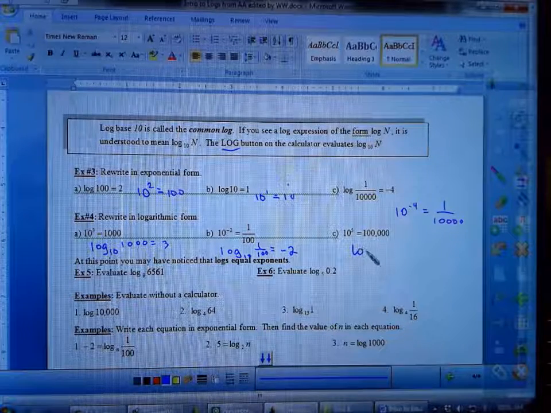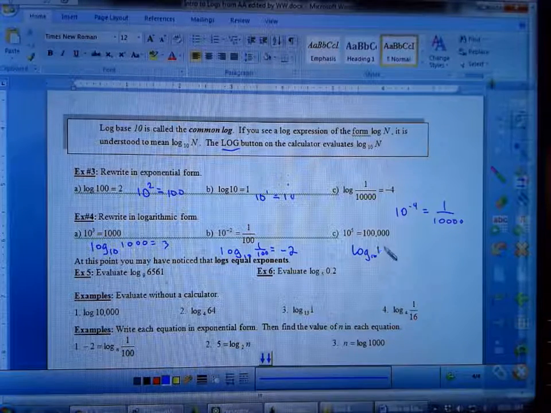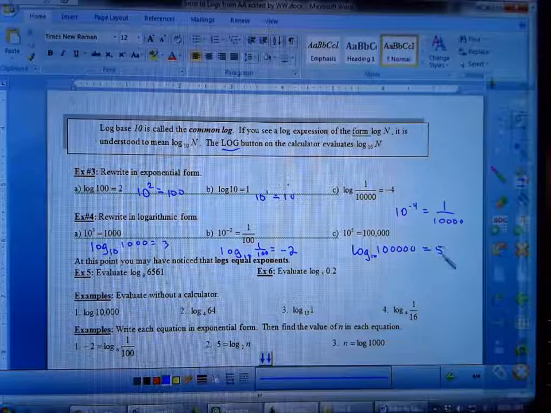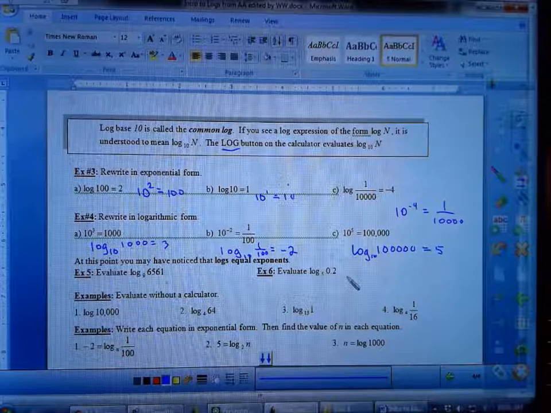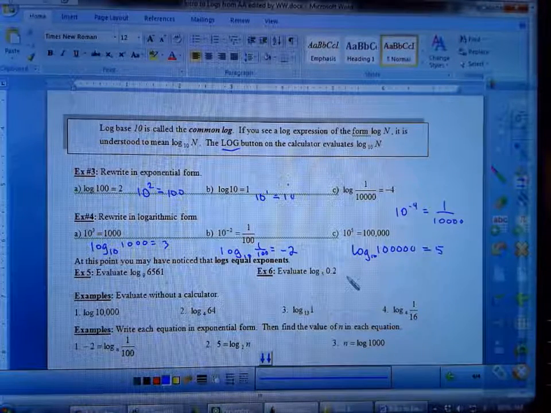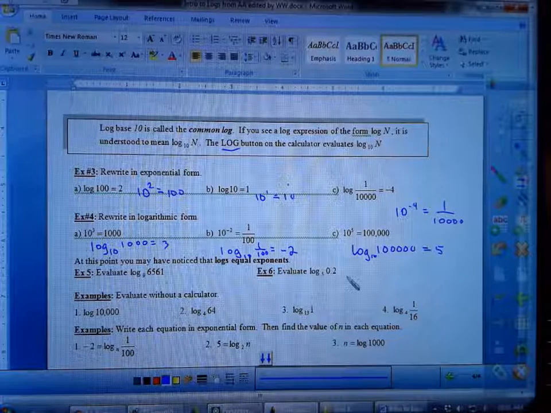And this is going to be log base 10 of 100,000 is equal to 5. So 10 to the 5th power would give you 100,000. Is this making sense to you?